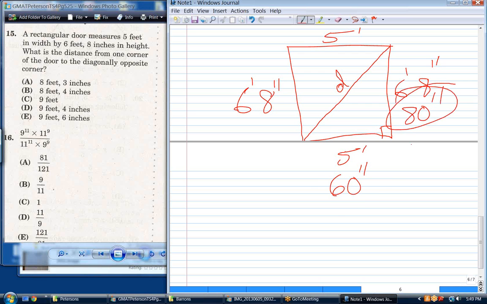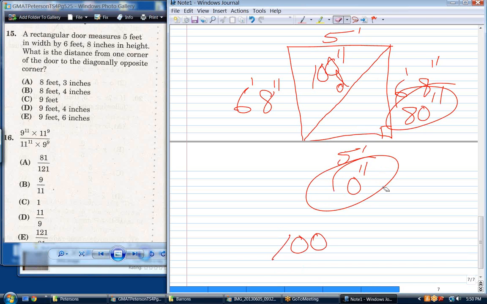Now what are we looking at? It's a 3, 4, 5. This has to be 100 inches. Now, how do we convert 100 inches into feet? We'd have to divide it by 12.